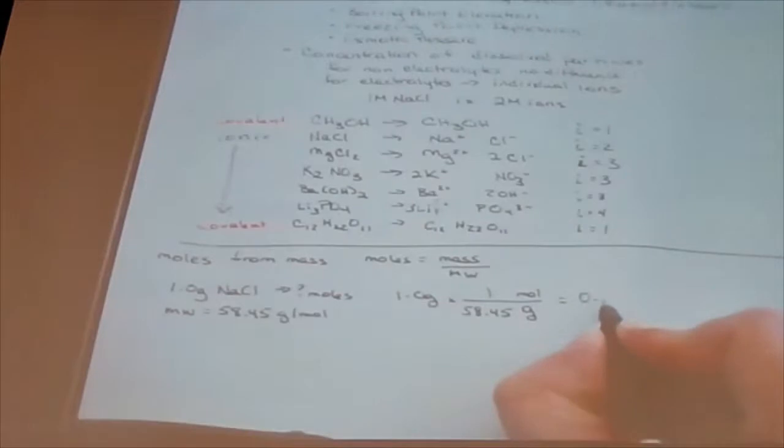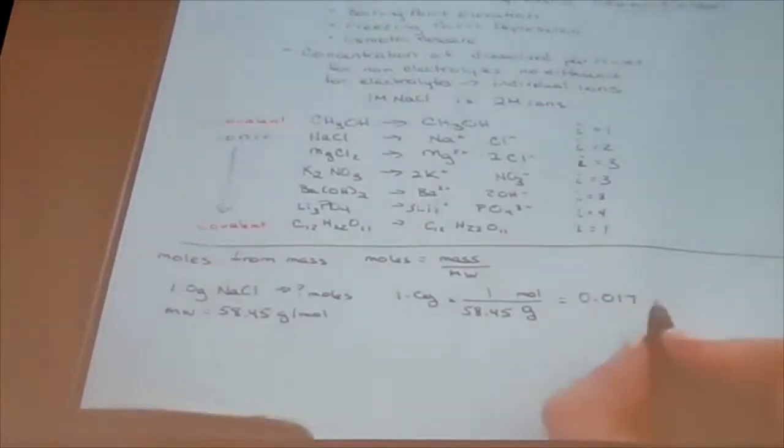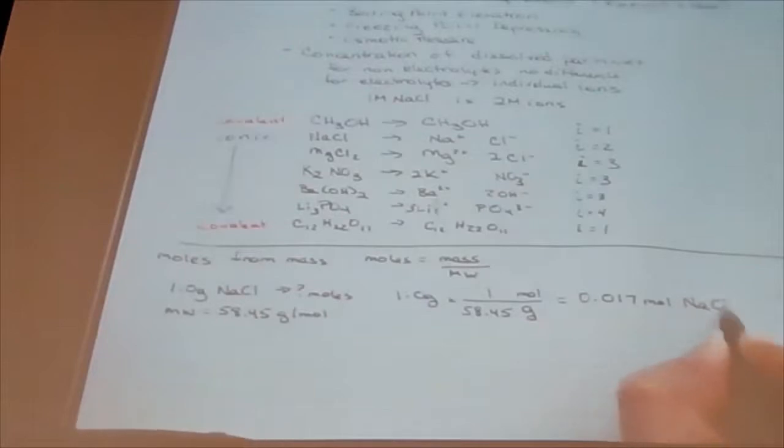And we're going to... So we get about 0.017 moles of NaCl. Right, so that's how we get to moles.